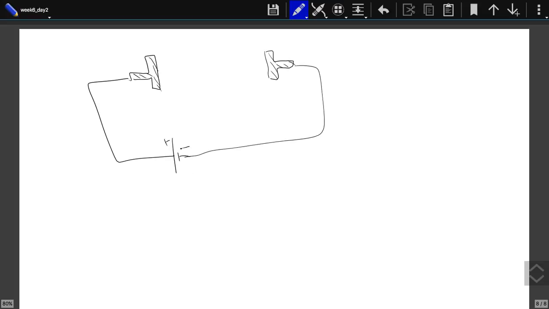Now the battery doesn't really create a potential difference. It takes electrons here, gives out electrons from this terminal and takes away electrons from the positive terminal and hence creates a potential. So there will be electrons leaving this and there will be electrons absorbed by the positive terminal.